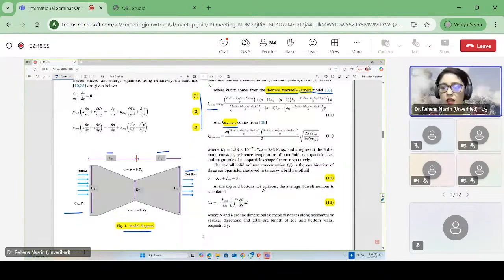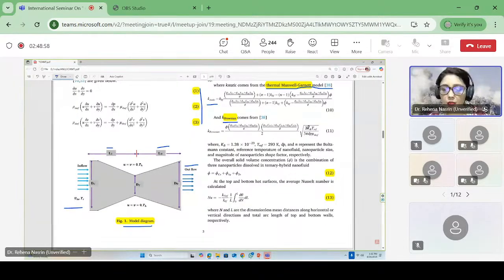This Brownian part here, KB is the Stefan Boltzmann constant. For ternary hybrid nanofluid concentration, solid volume concentration, we consider here equal contribution of three types of nanoparticles like cobalt, like silver, and others.